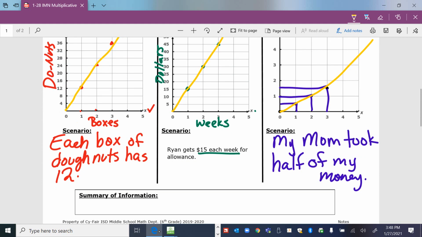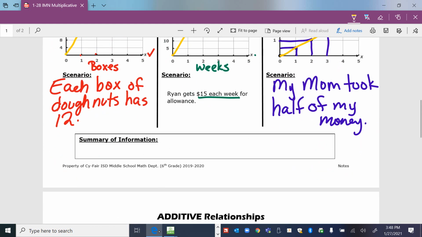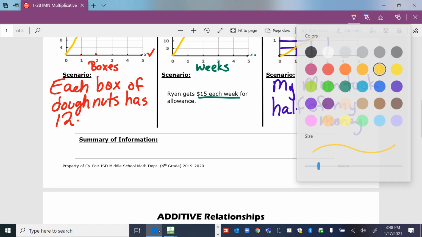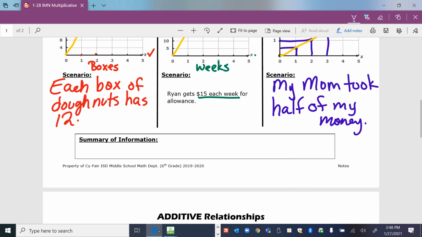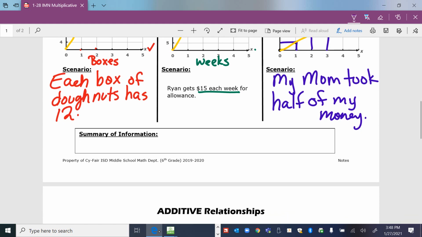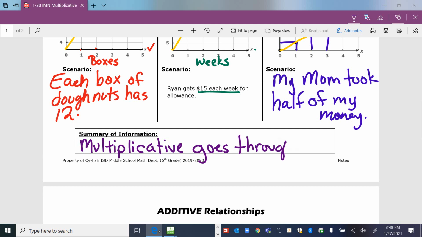So in conclusion, summary of information: multiplicative goes through 0, 0, also known as what?